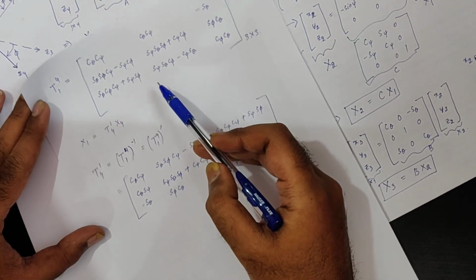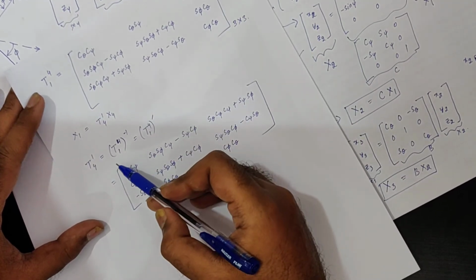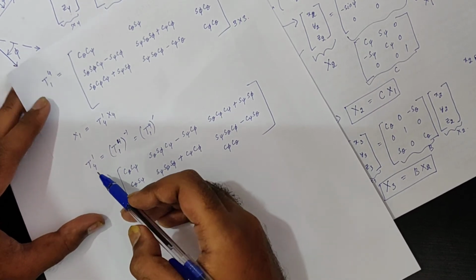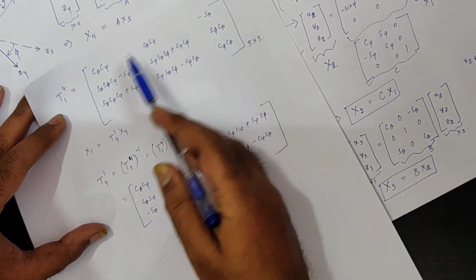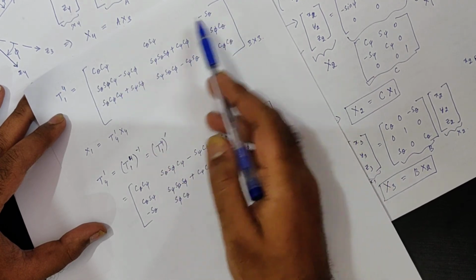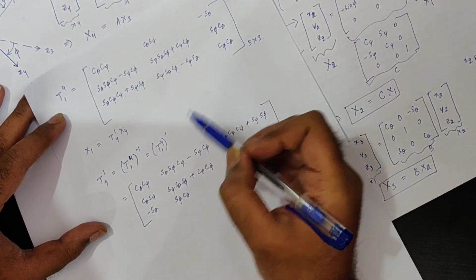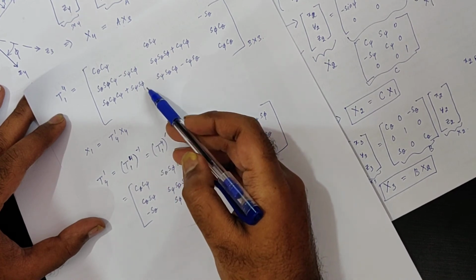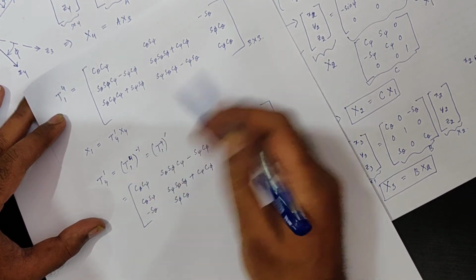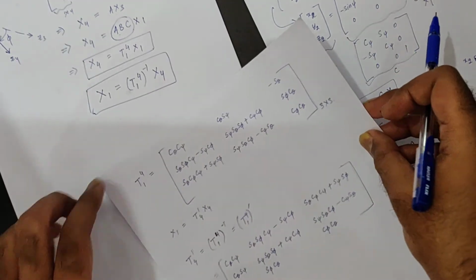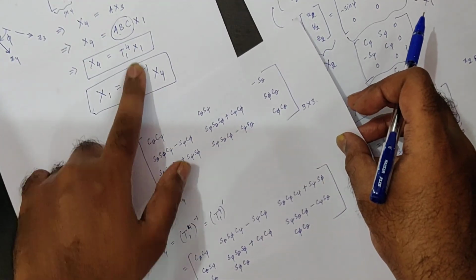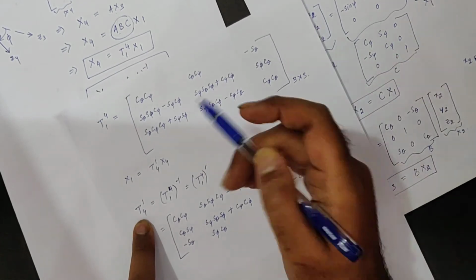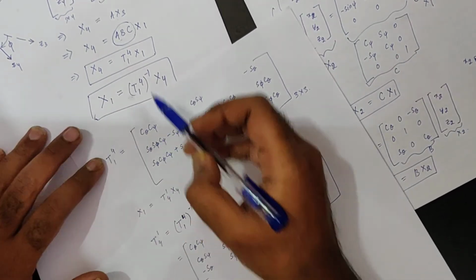So by using the property of orthogonal matrices, we can write that by taking the inverse of this matrix, it will give us this matrix. What does this say?